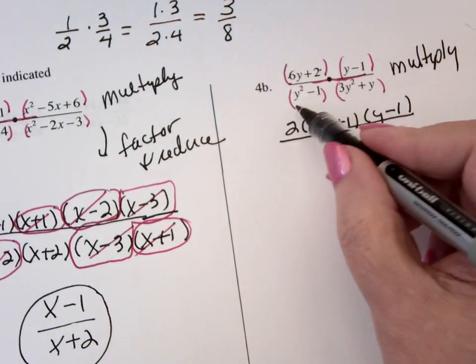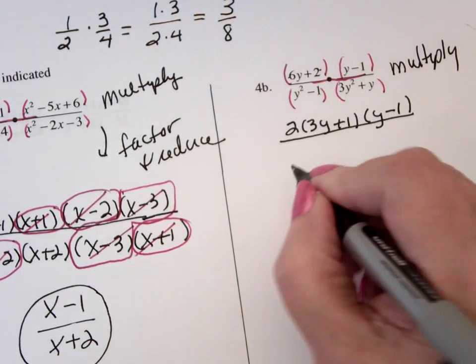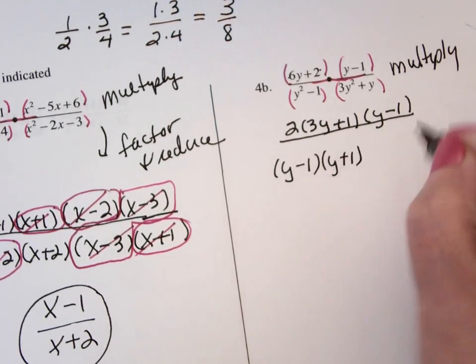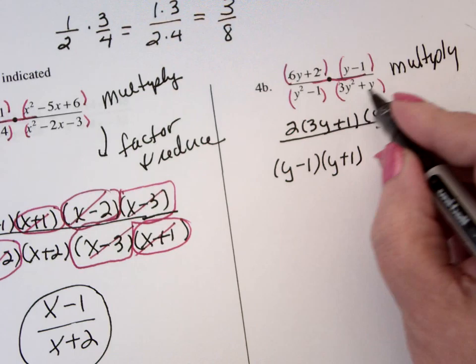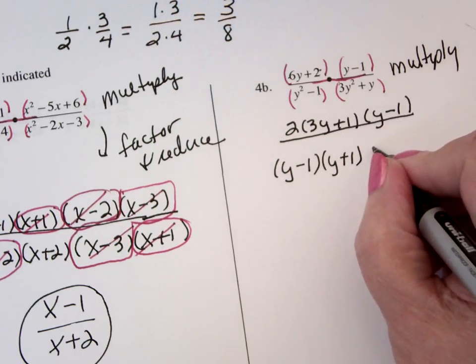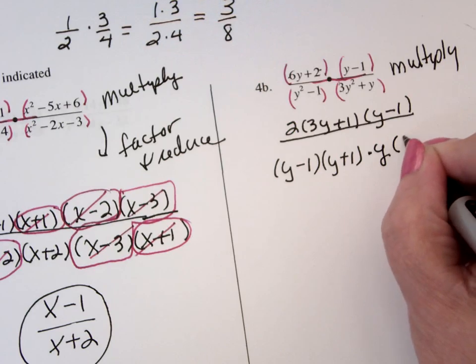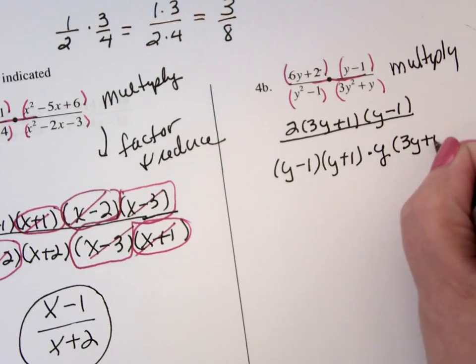And then y squared minus 1 is the difference of squares, so that's y minus 1, y plus 1. And 3y squared plus y has a greatest common factor of y by itself, and then I'm left with 3y plus 1.